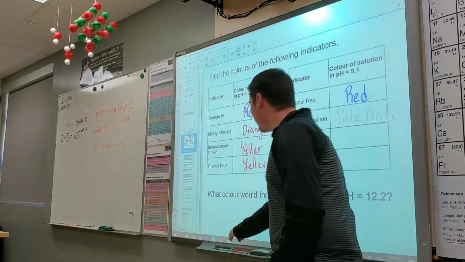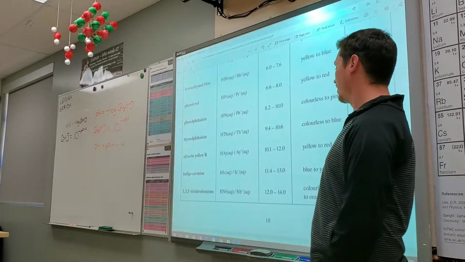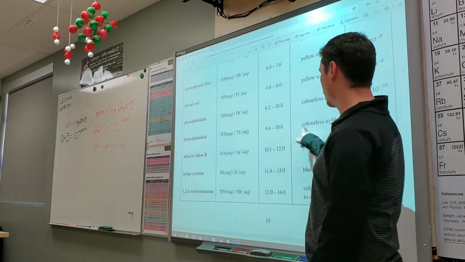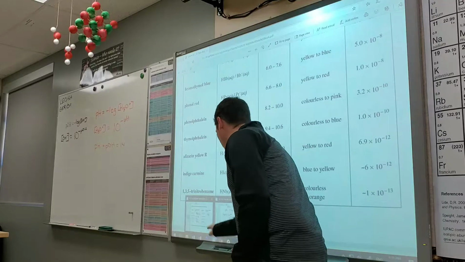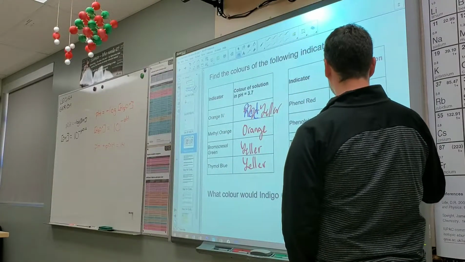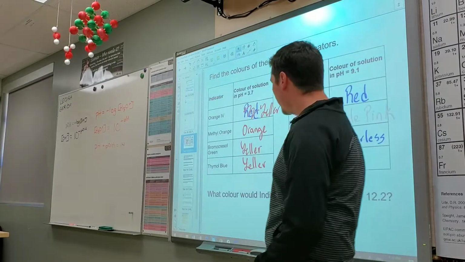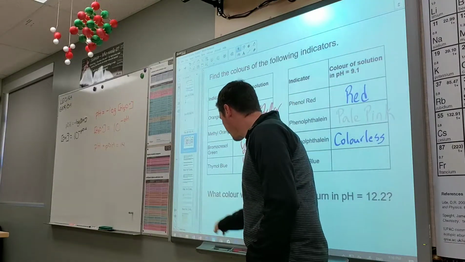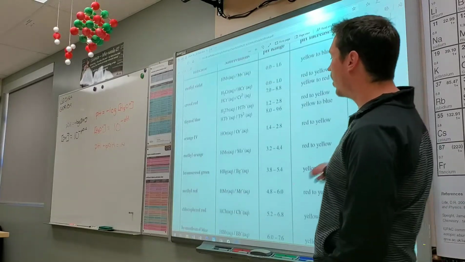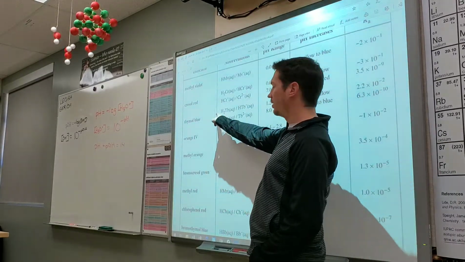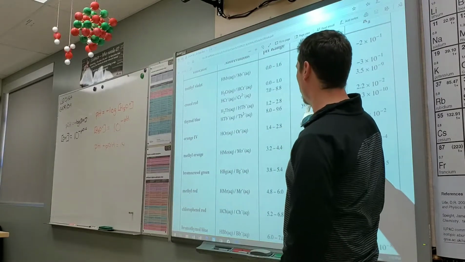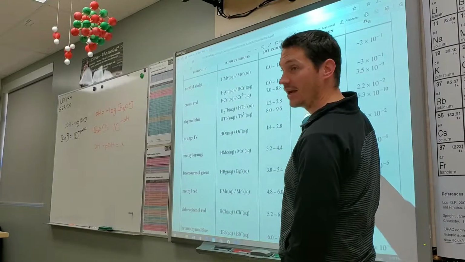What about thymolphthalein? It's going to be less than 9.4, right? So it'll be colorless. Thymolphthalein is colorless. And then thymol blue, where's 9.1? It's in between these 2 ranges, so it'll be green, right?